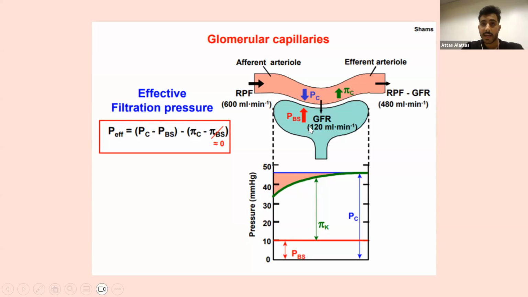The proteins in the capillary will become more concentrated, so the colloid osmotic pressure will increase until a point where it reaches the hydrostatic pressure in the capillary. So they will be equal. So the hydrostatic pressure of the capillary will be equal to the colloid osmotic pressure in the capillary. And in that case, the filtration will stop. That's the reason why in the glomerular capillaries you don't have reabsorption, because filtration will stop.